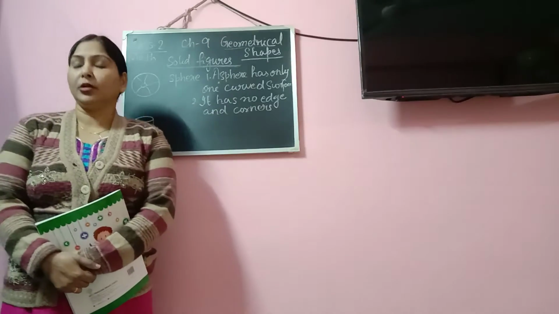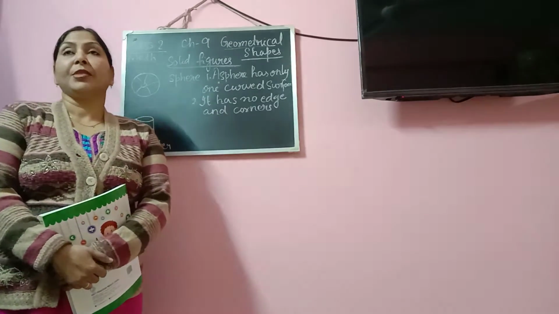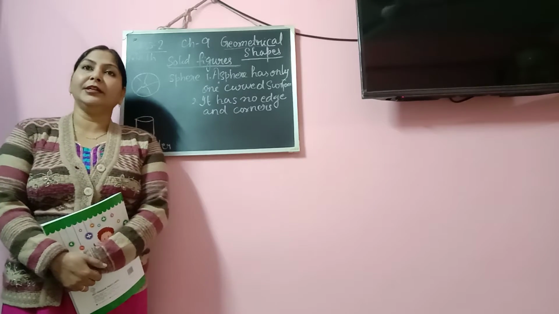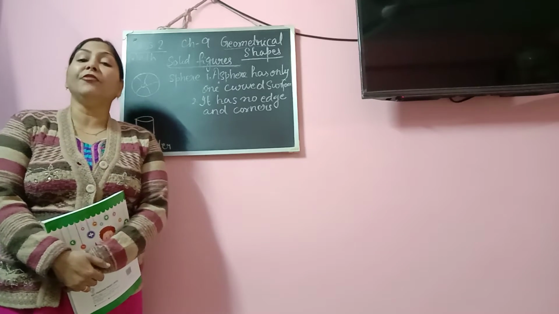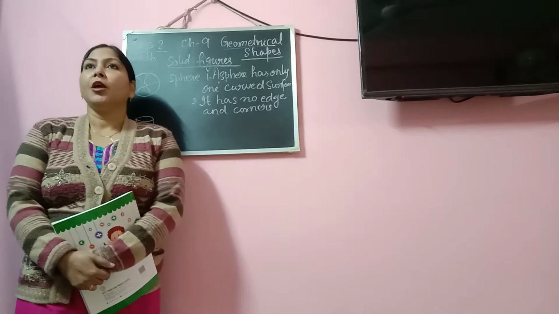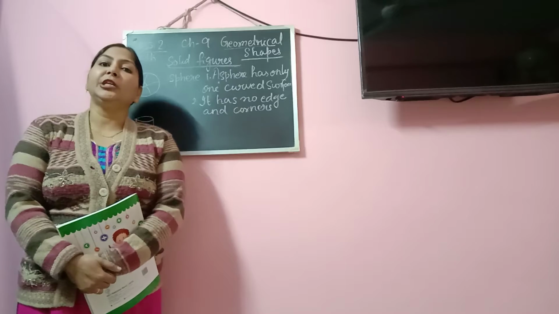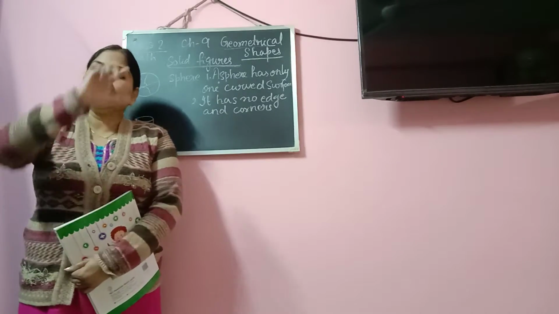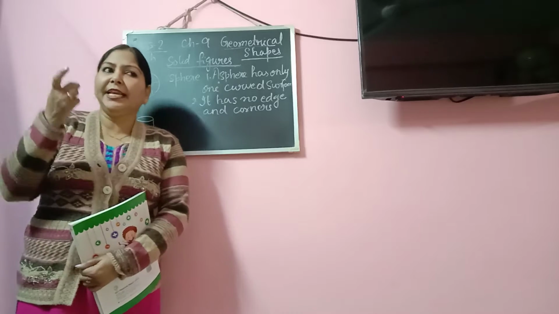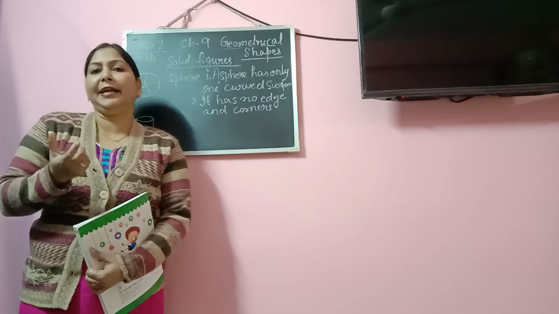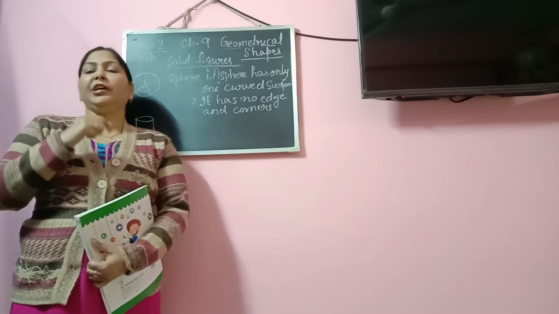If you have heard the word sphere, then you must have also heard that the shape of our earth is spherical, or sphere shape. The shape of a ball is also a sphere. That means it is round in shape. Any object which is round in shape and which you can hold in your hand is a sphere shape.